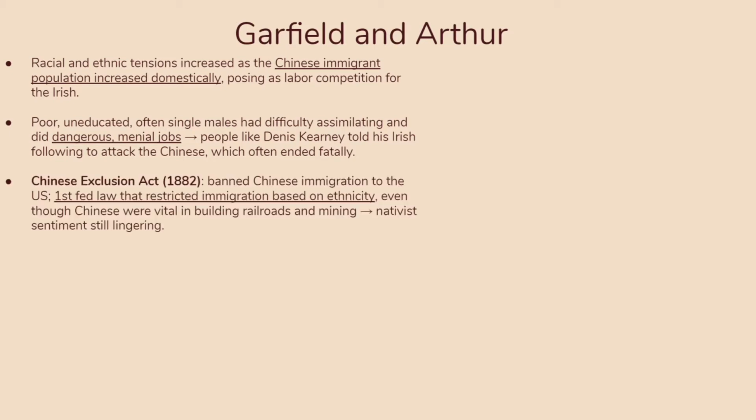So for example, the Chinese Exclusion Act of 1882 banned Chinese immigration to the US, and it was the first federal law that restricted immigration on the basis of ethnicity, even though the Chinese were, again, vital in building railroads and mining. So you're going to see this nativist sentiment still lingering for decades to come, and it's important to just keep that in mind.